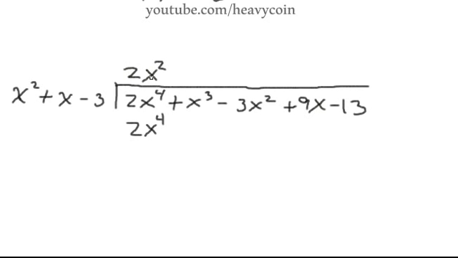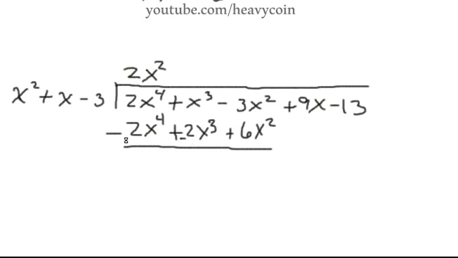And then 2x squared times x is going to be 2x cubed. And then 2x squared times negative 3 is going to be negative 6x squared. And we take the difference. That means that's going to be a minus, and that's going to make that a plus.